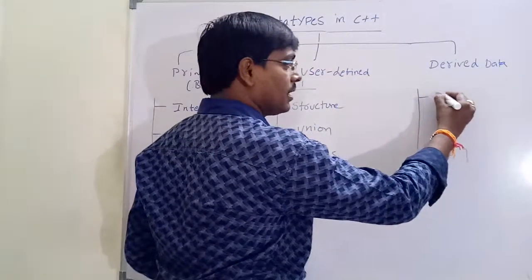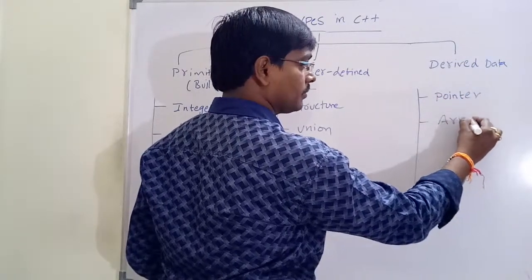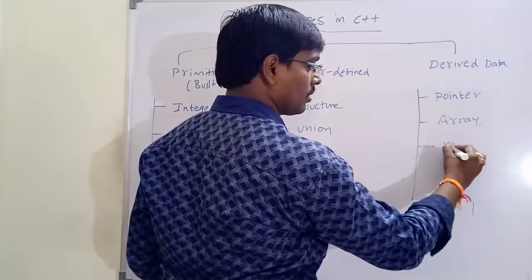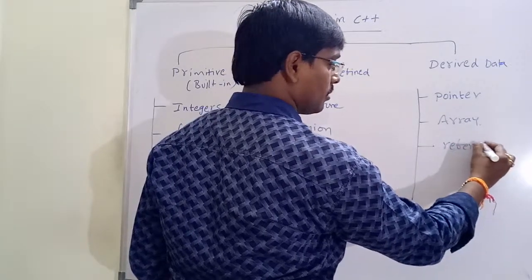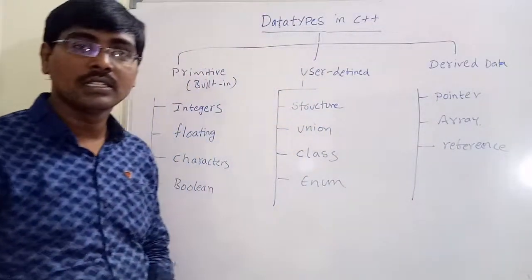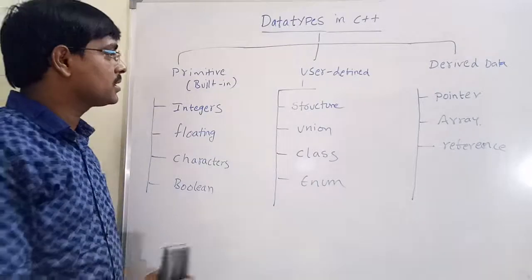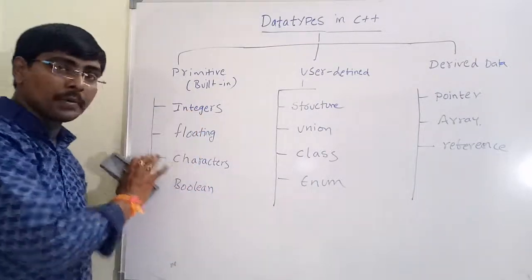One of the main examples is a pointer, array, reference. These are some of the derived data types.